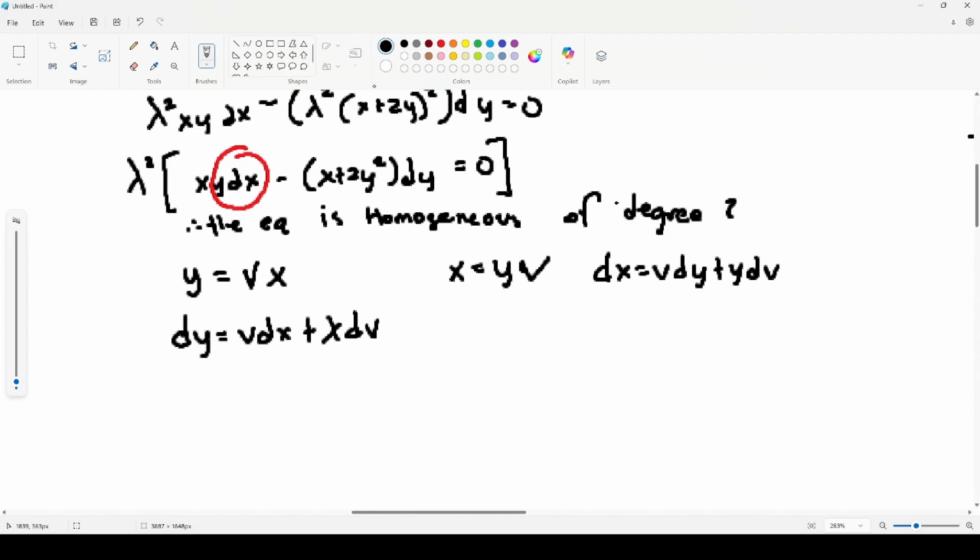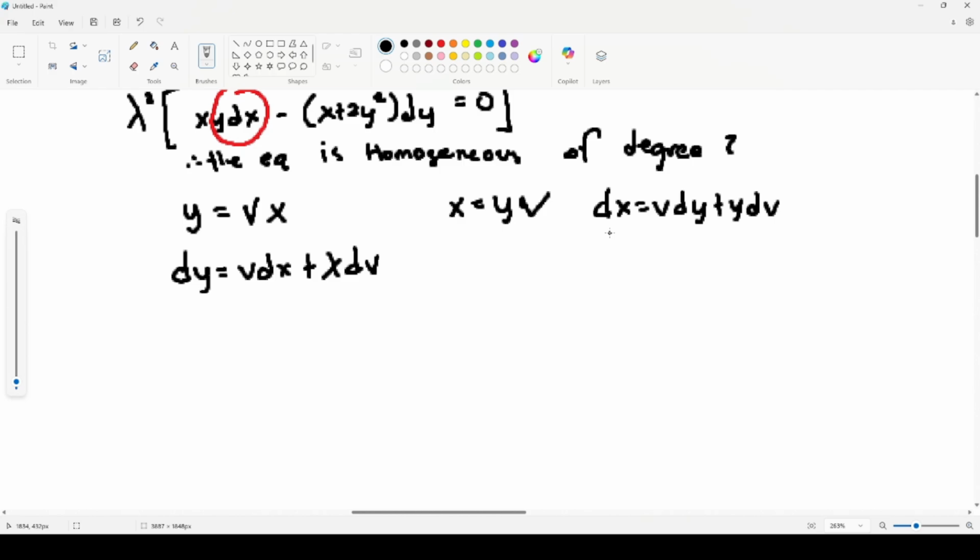I will not try to do it here in the video, but you guys try it at home. You will have a much smaller partial fraction or separable equation once you substitute with dx, because it is multiplied to xy. But what I'm going to do is dy, which is multiplied to a binomial squared.